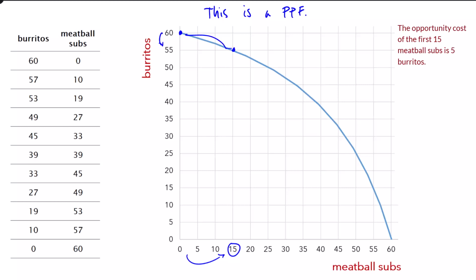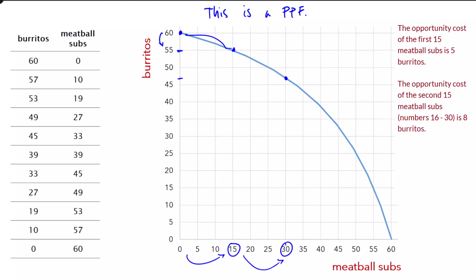Okay, then if we want to add another 15 meatball subs, let's see, we'll get to here, then we have to give up, it looks like 8 burritos. So the cost of adding these meatball subs from number 16 to 30, adding each one of them, the cost of doing that is higher than it was for those first 15.